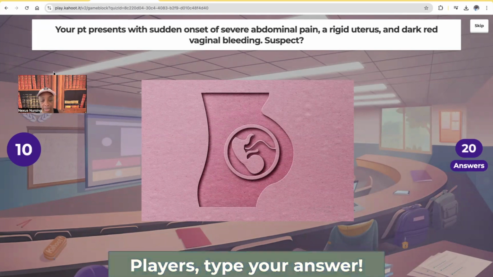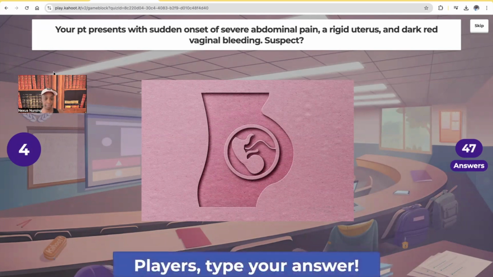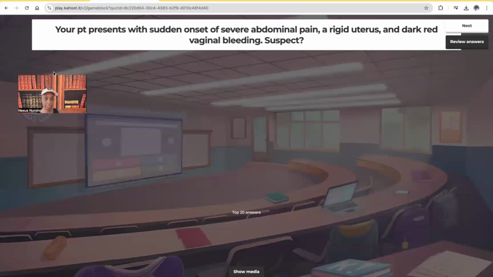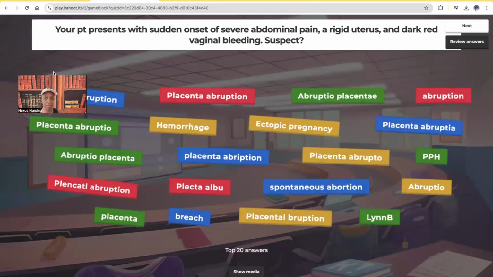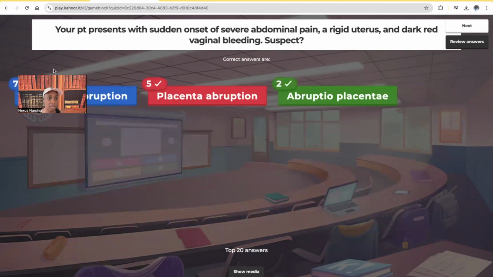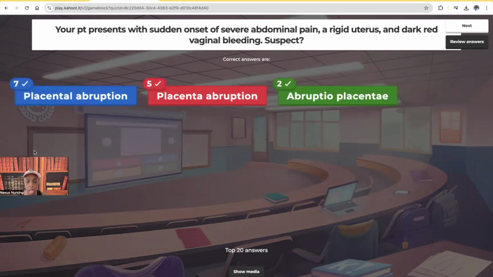What would you suspect? Very good. Placental abruption. Most of you guys got it right. So we're suspecting that that placenta has actually detached from the uterus. This is a medical emergency.